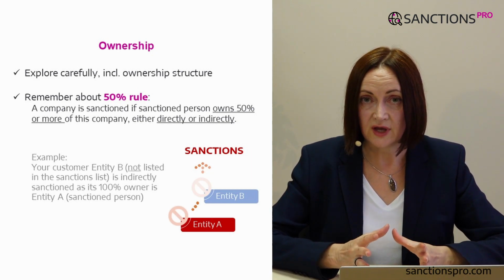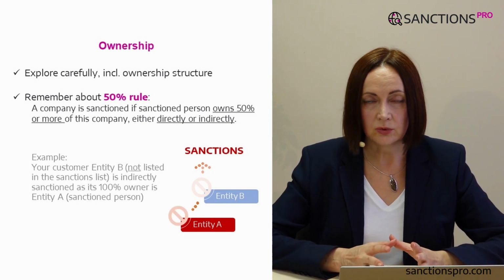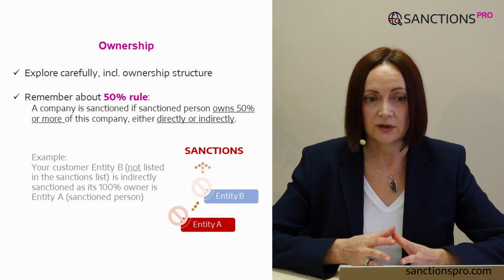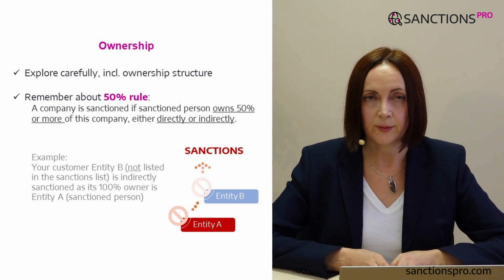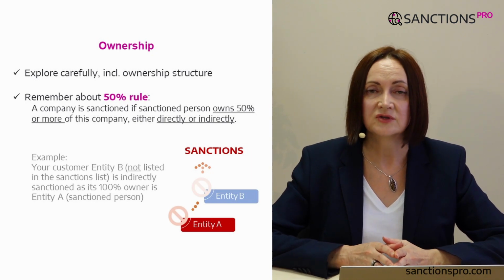Ownership in terms of sanctions is a very crucial topic. You have to explore the ownership of your clients and also your partners very carefully, because we keep in mind the existence of the so-called 50% rule.